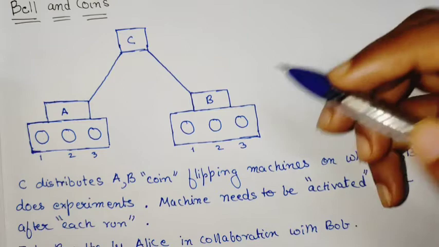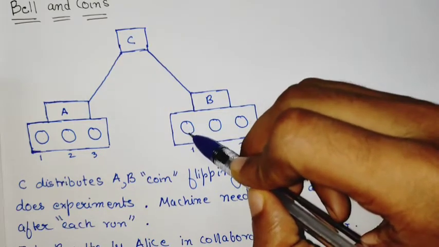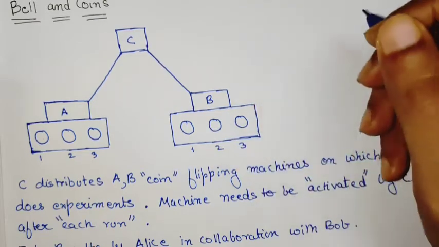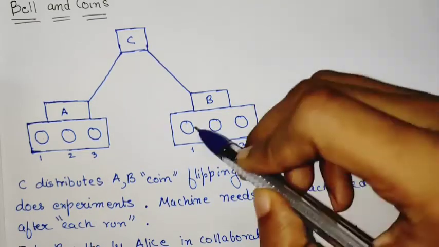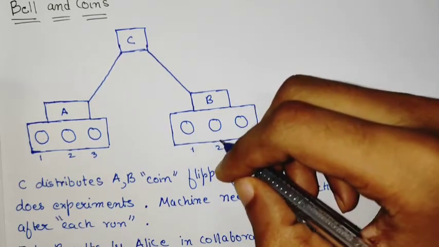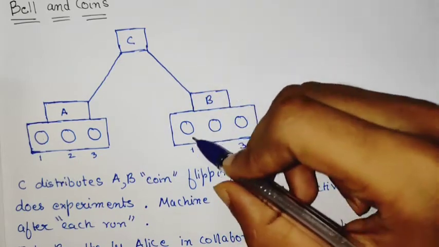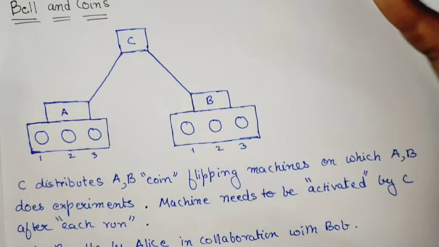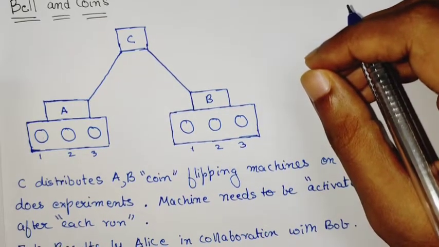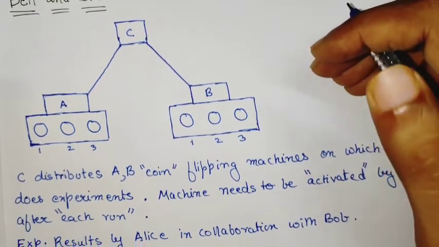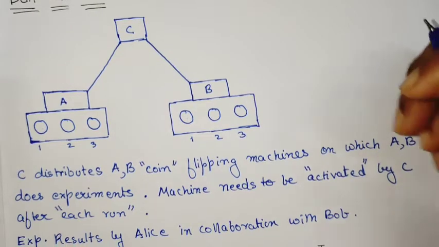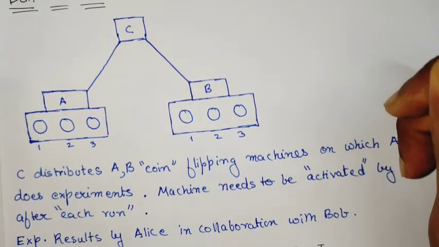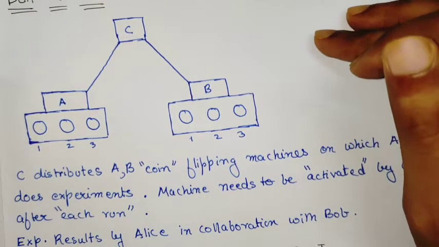So it is like an objective reality of the coin that it will give either a head or a tail in a single run. Whereas if we have a qubit, it will be in a superposition. You cannot say that there is a reality associated with it. So that's why we will be using these coins to show this Bell inequality, and we will see that the inequality takes a different shape.